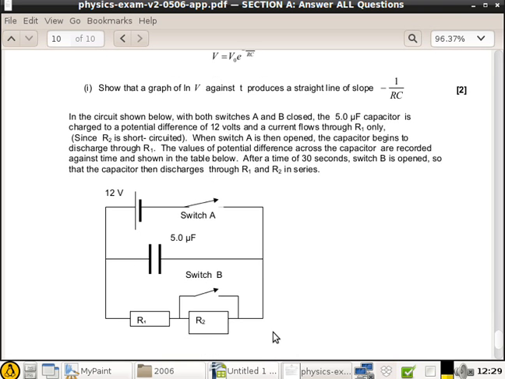In the circuit shown below, with both switches A and B closed, the 5 microfarad capacitor is charged to a potential difference of 12 volts and a current flows through R1 only, since R2 is broken.